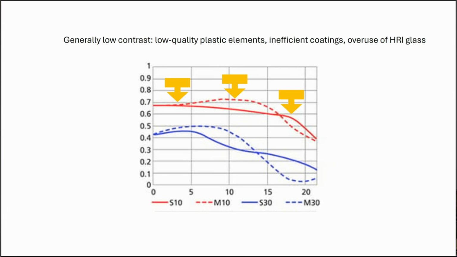That lower contrast or a little bit foggy appearance of the image may be caused by using low quality plastic elements that do not have the same transmission as quality optical glass. And therefore, the contrast is a little bit squashed, it's a little bit reduced.